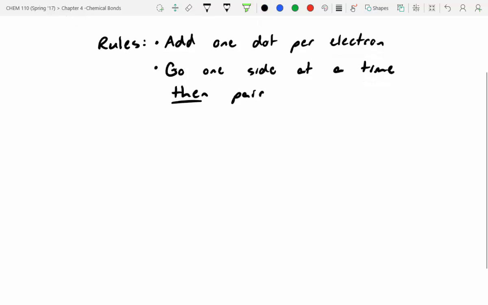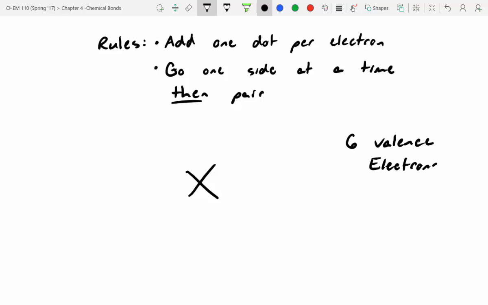So let's say I've got an element symbol, and I'm just going to call this element X. And let's say this symbol X has, I don't know, let's say 6 valence electrons. Okay, so maybe it's oxygen, maybe it's sulfur, maybe it's selenium. We really don't know. But what we want to do is represent this in Lewis dot structure.